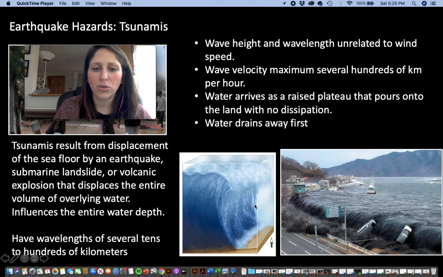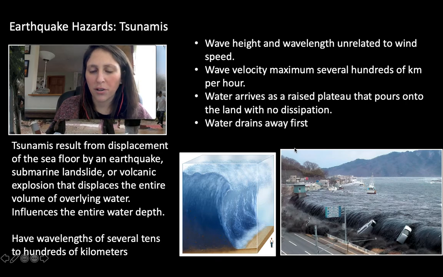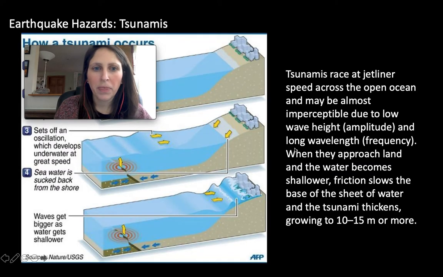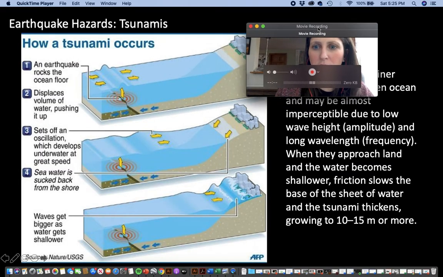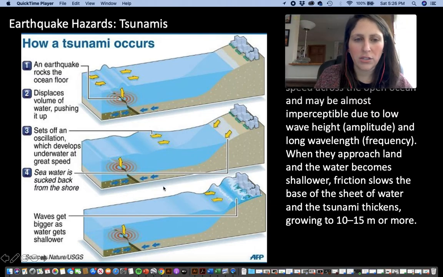So you can see this huge wall of water. That's really what a tsunami is, this wall. Not so much a huge wave as we might think, but more like a huge wall of water that's just charging towards land.